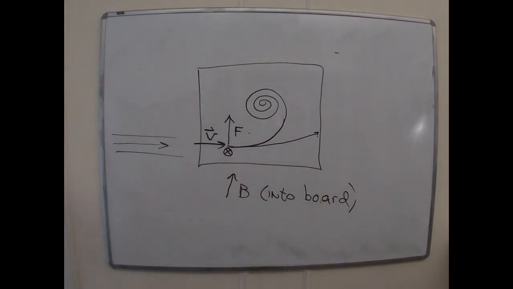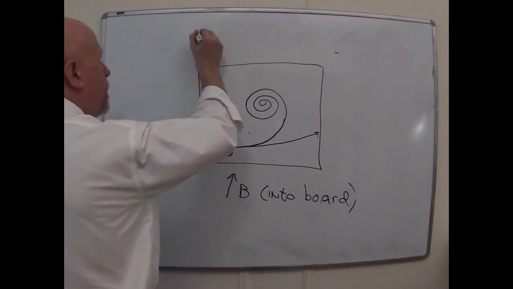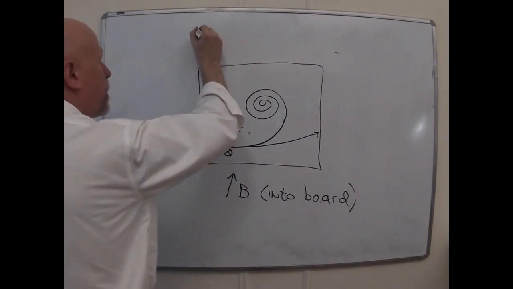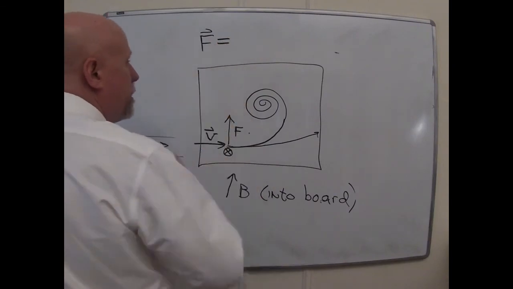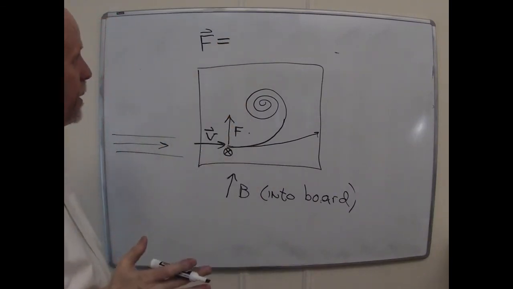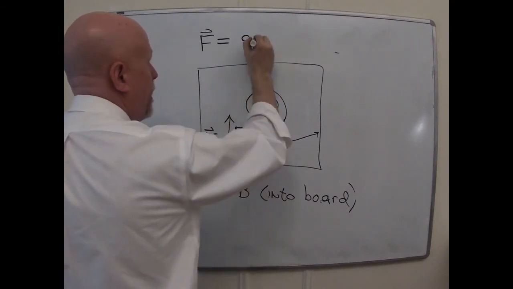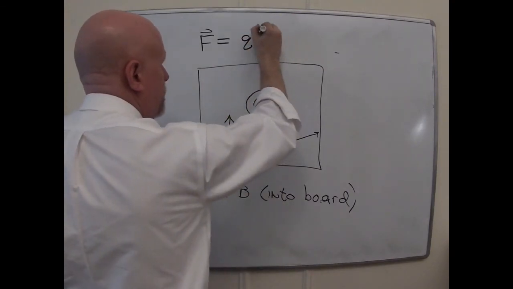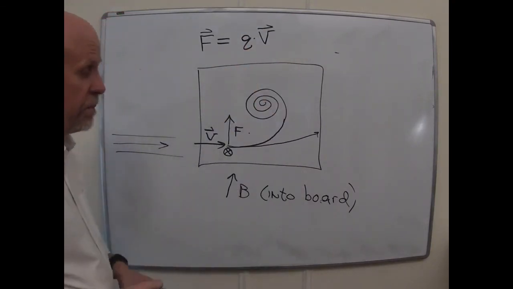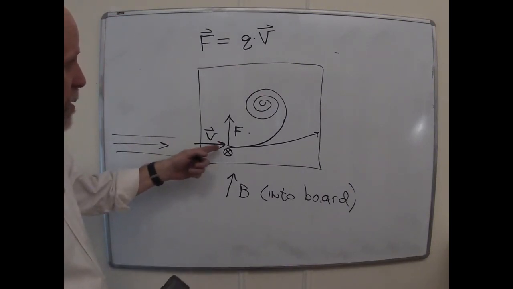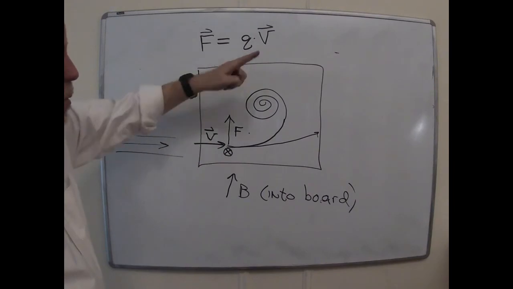Anyway, that's the heuristics of the force applied to a charged particle. Let's get the actual formula. The force that the particle experiences is a cross product, and it depends on two things. One is how much charge you have times the velocity vector. So if you're thinking about these as just electrons or protons, the charge would always be 1.